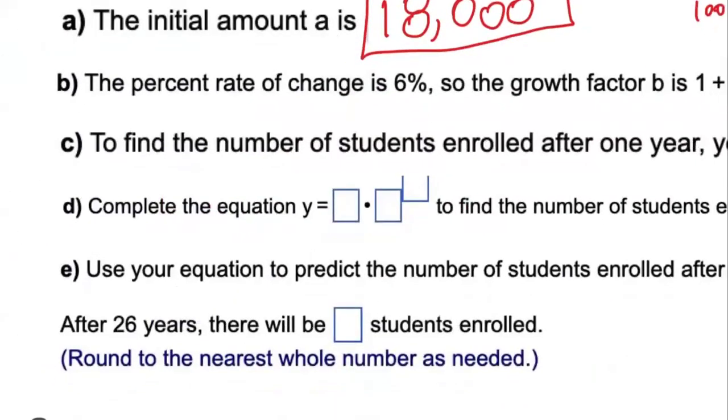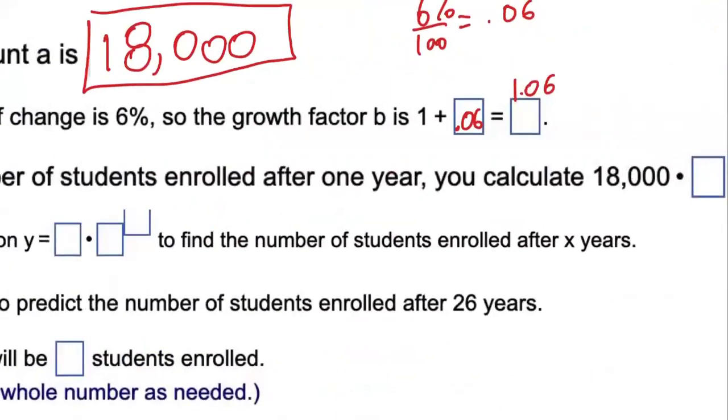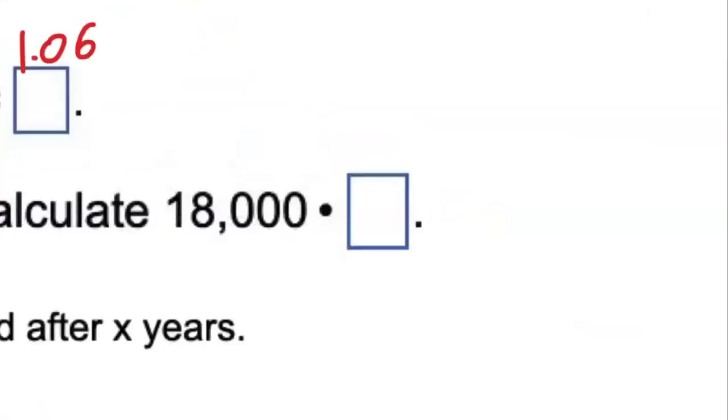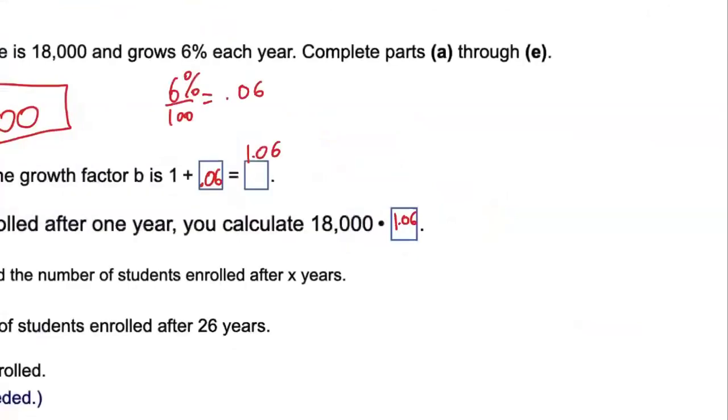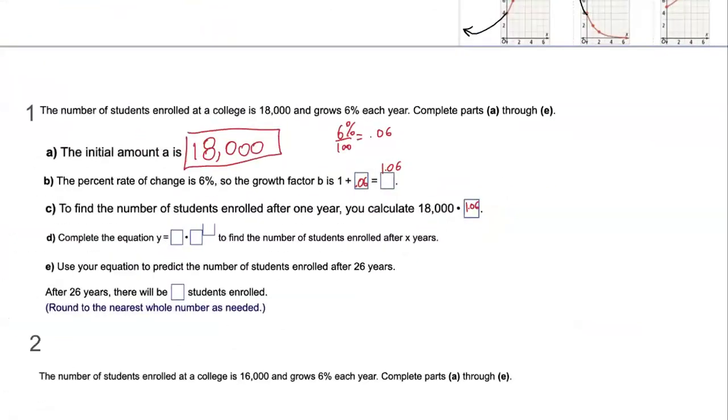For C, to find the number of students enrolled after 1 year, you will calculate 18,000 times 1.06, because that is 1 year. So 1 year represents just 1.06, the growth factor.